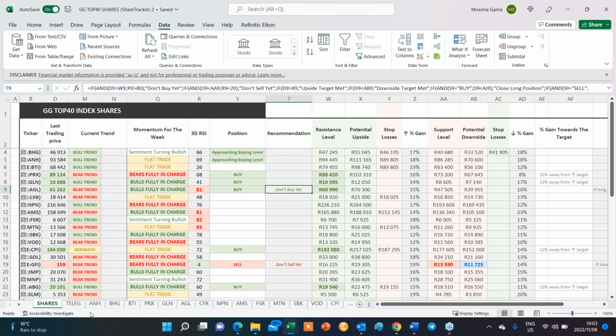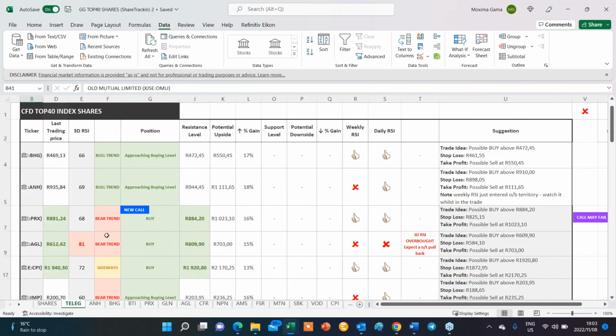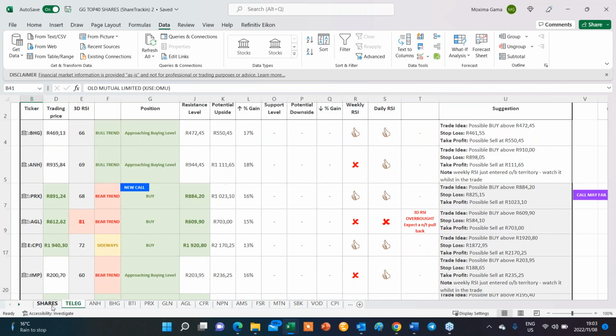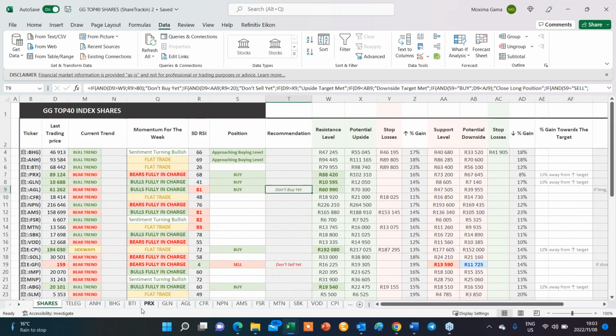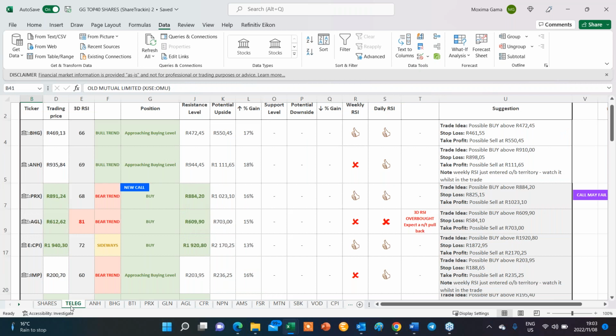The finished product that you've been getting on Telegram looks pretty much like this. And what I've done here is I've filtered out shares that are not giving signals, the ones with blanks here. I used to write a little spiel of what's going to happen and how to do a trading strategy, but was advised that this is probably best in terms of just having to peruse through the chart.